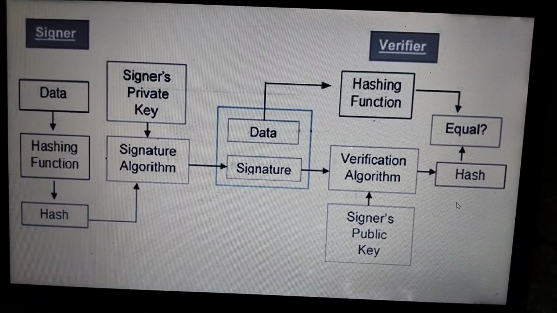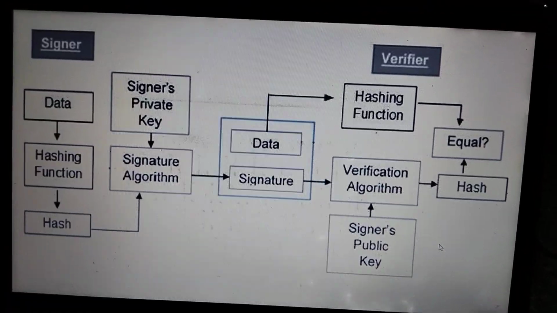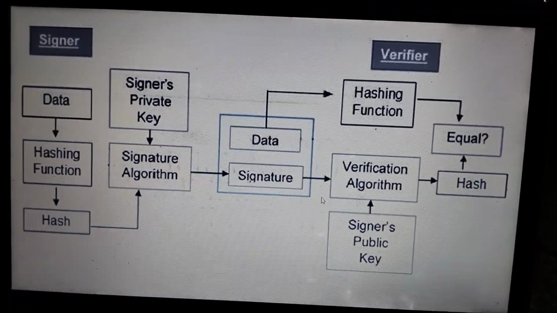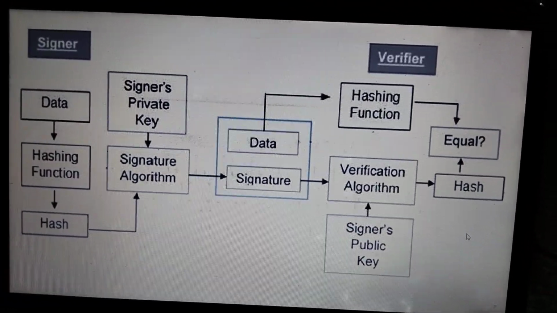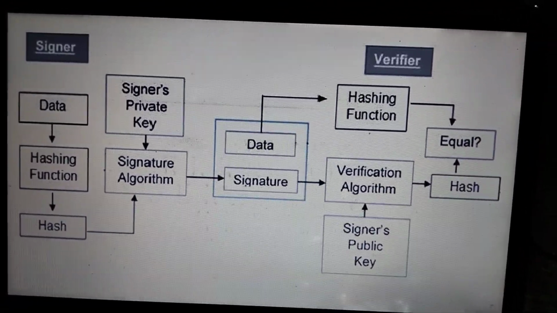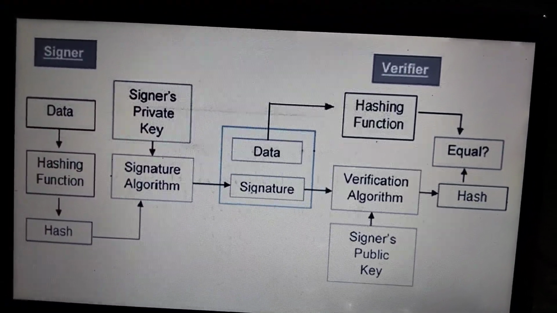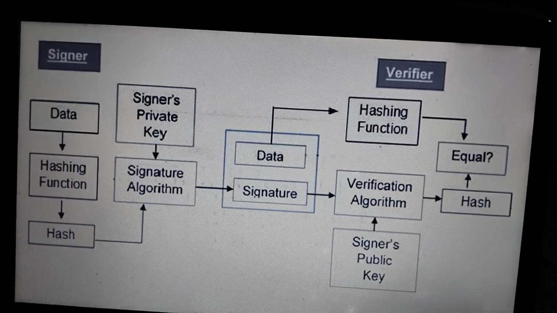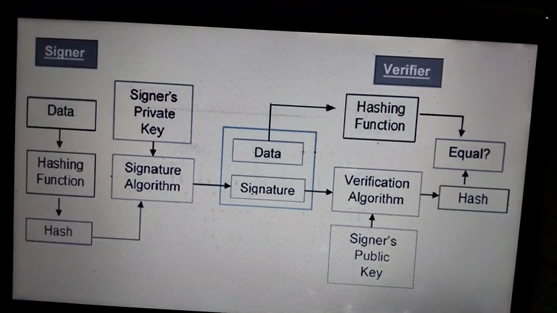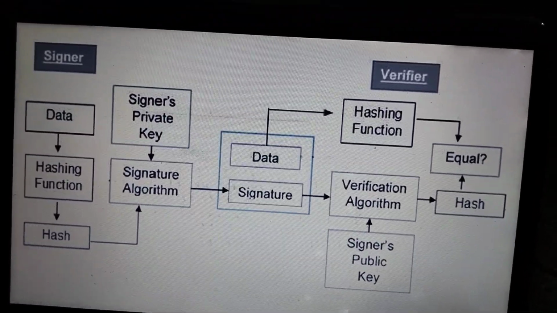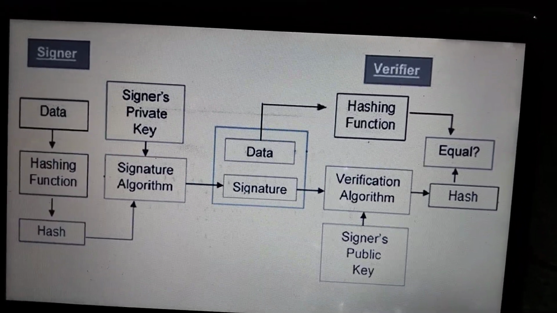The receiver already maintains a database, and under that database the signatures of all the people working in that organization are maintained. So with the help of that database, the signature will be verified by the verification algorithm. Here we are also applying the same hash function to track the original information of the sender.